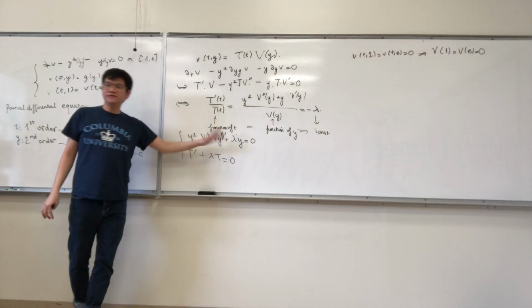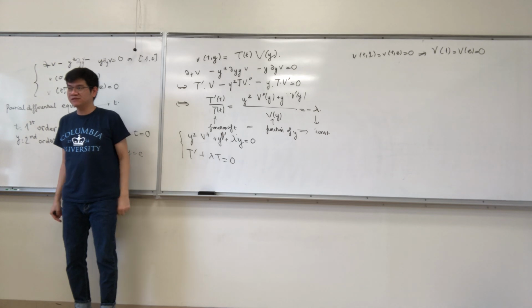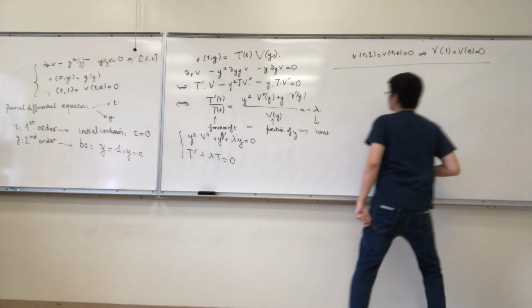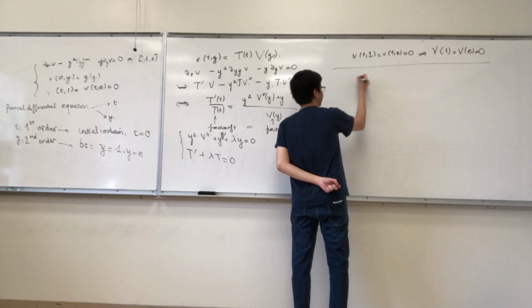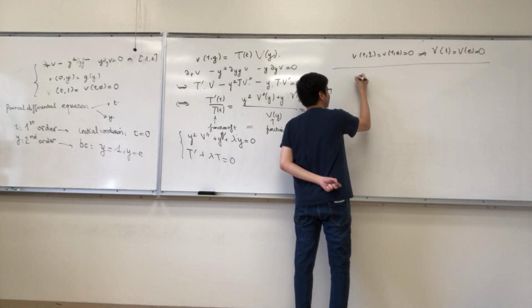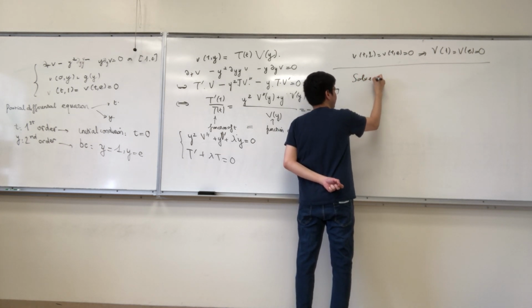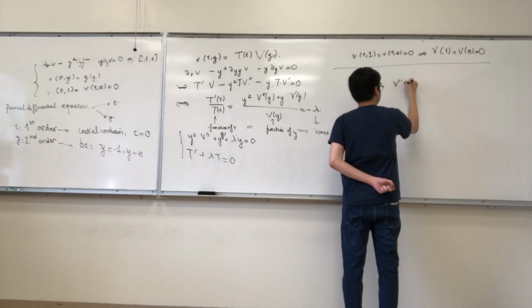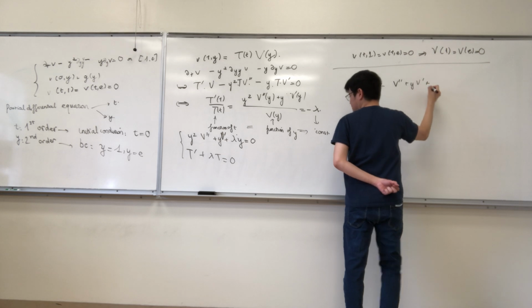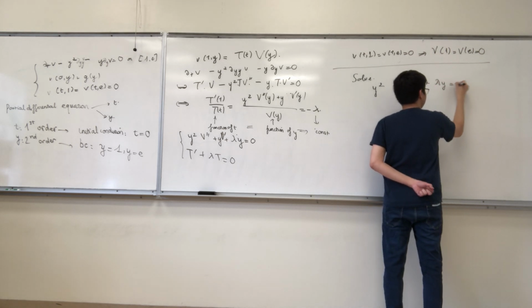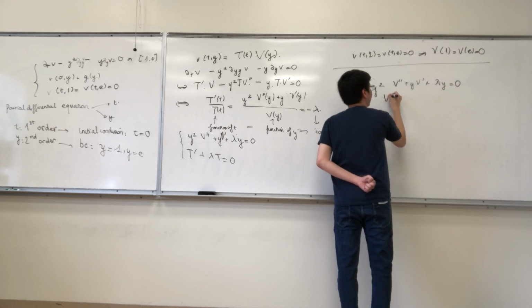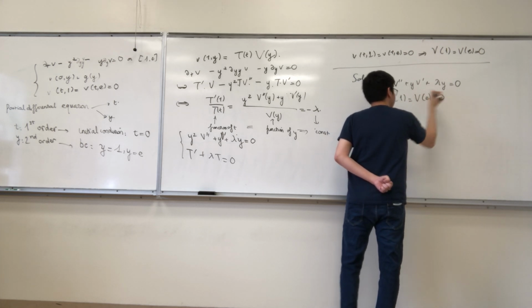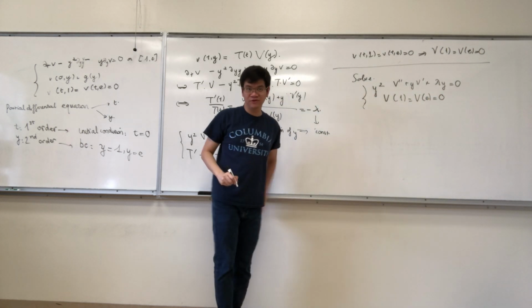Right. So this is what we discussed in the previous class. Let us continue with today's class. So we have to solve y squared v second plus y v prime plus lambda v equals 0, with v at 1 and v at e equal to 0, and this was the midterm three, right?